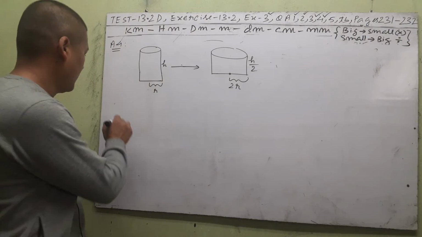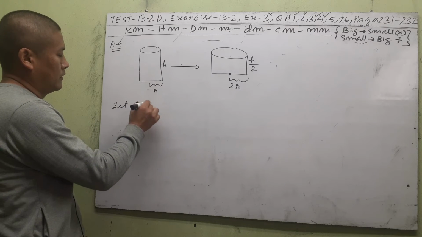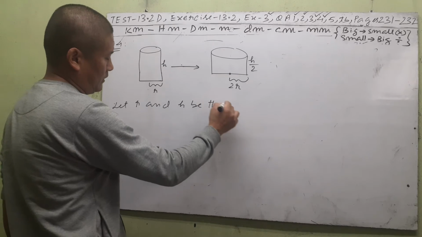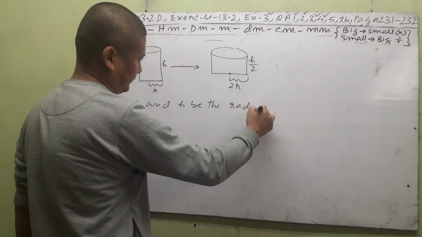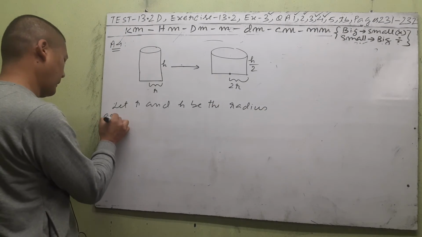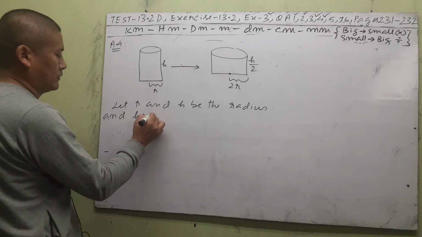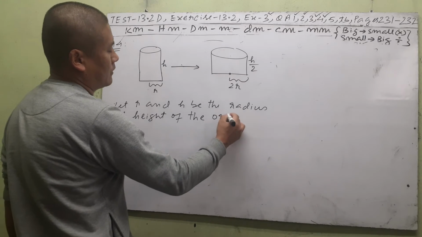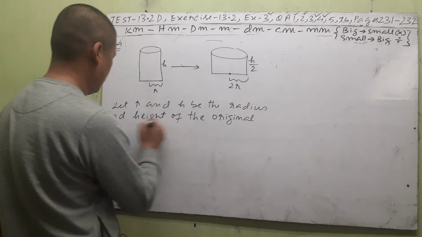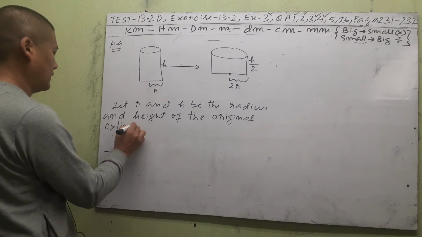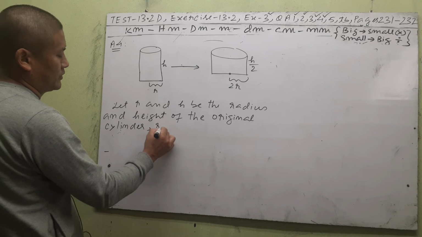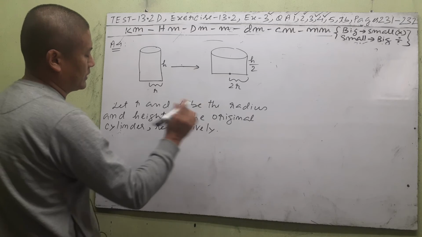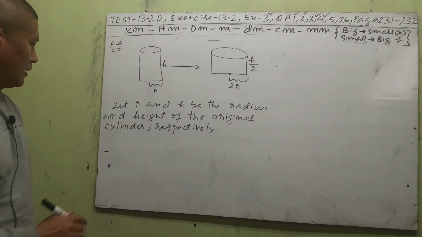So here let r and h be the radius and height of the original cylinder respectively. That means r is the radius, h is the height.